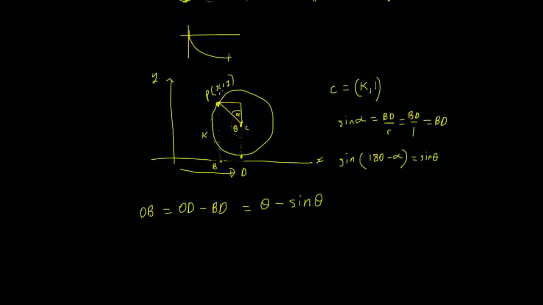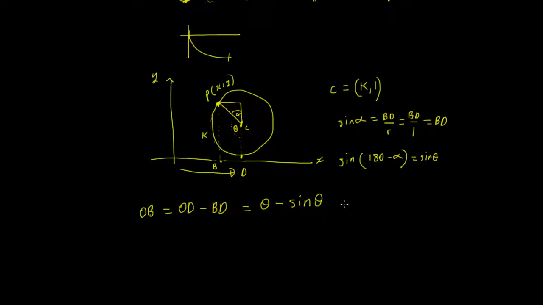So the x coordinate is the arc length theta, minus this little distance up here, which is the sine of that angle theta.